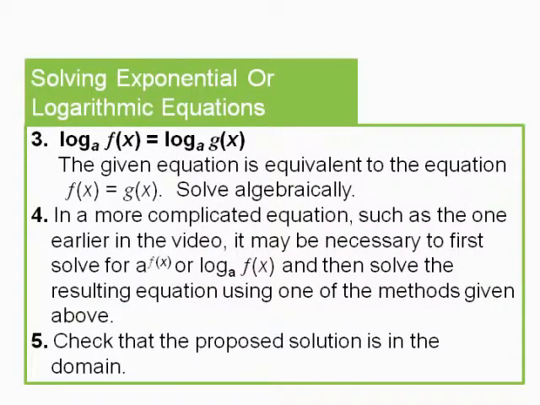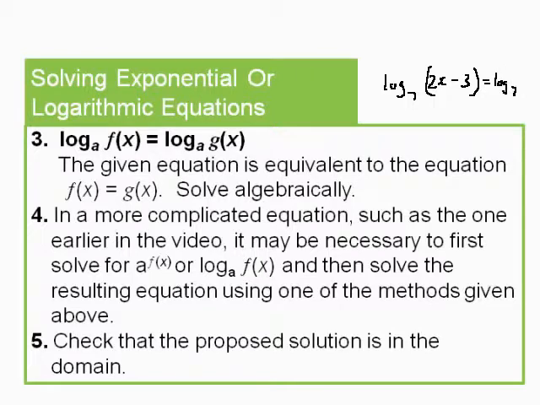Now, I'm not solving all these. We're just reviewing here. The third one, you have log base A of something, f of x, equals log base A of something, g of x, some functions. And this is the one here. It looks like this. Some of the things we've been looking at. We might have the log base 7 of 2x minus 3. This is the third one here.